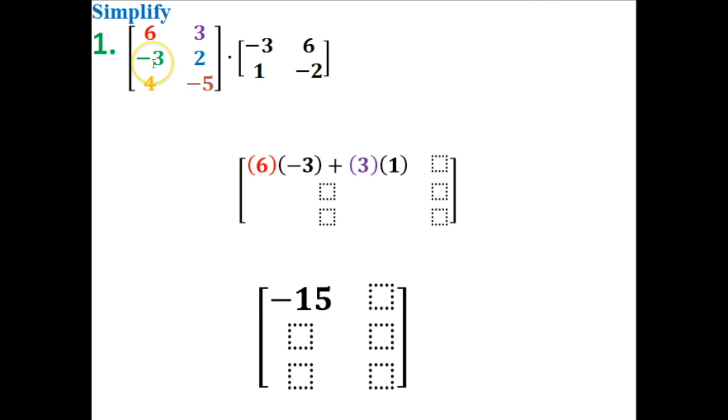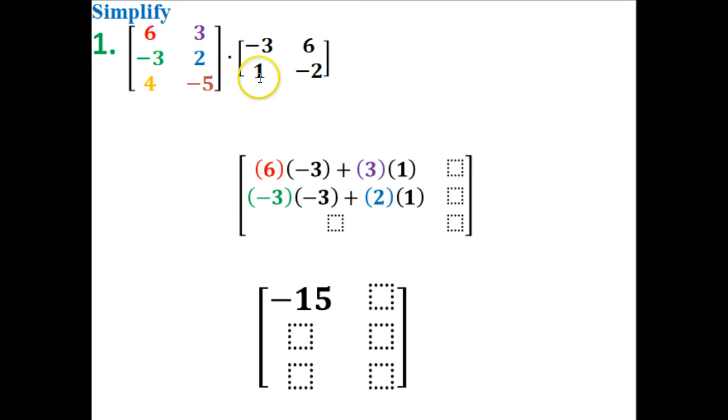So we're going to go through the process again with our second one. On our second one, this row here is essentially in the middle, and that's going to go right here whenever we actually multiply all of this out. So I've got negative 3 times negative 3 plus 2 times 1. Again, we're going across here and we're multiplying down. You can see I've color-coded them.